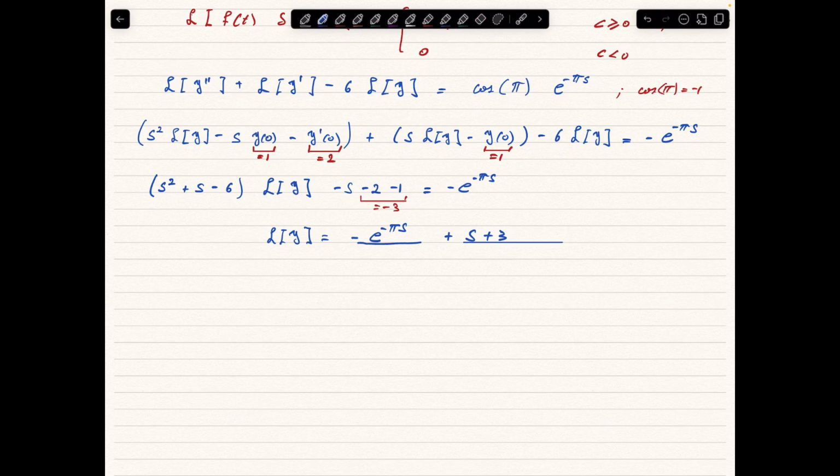And the denominator in both terms is going to be s squared plus s plus 6. Oh, sorry, minus 6. Careful with the signs. And the same denominator over here, s squared plus s minus 6. And that is the Laplace transform of the solution we are looking for.